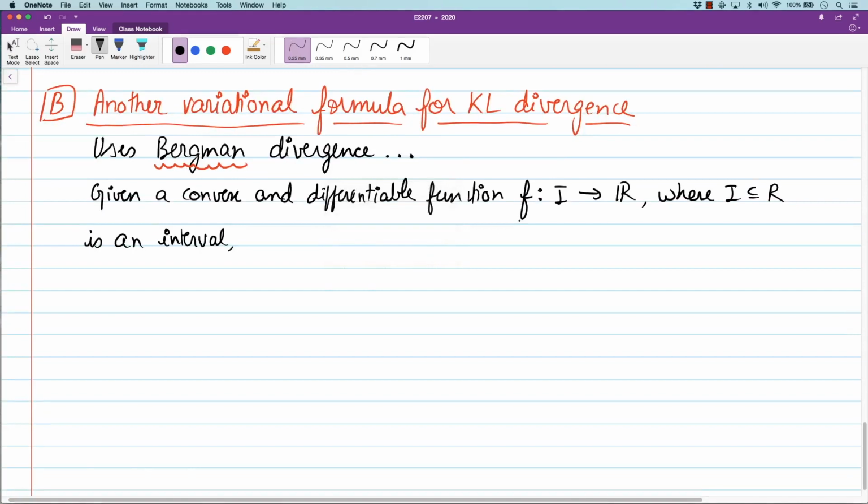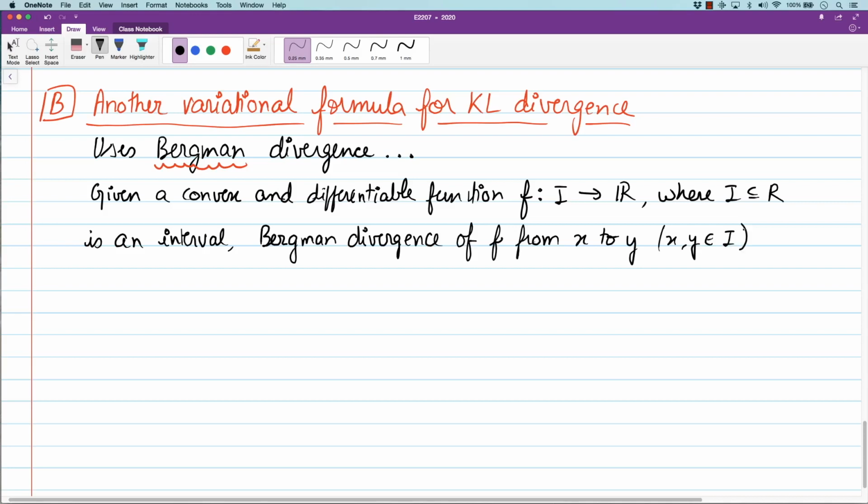So you're given this convex, differentiable function f. For such a function, we can define the Bregman divergence of f, and it requires 2 points from x to y. Here x comma y are in this interval.